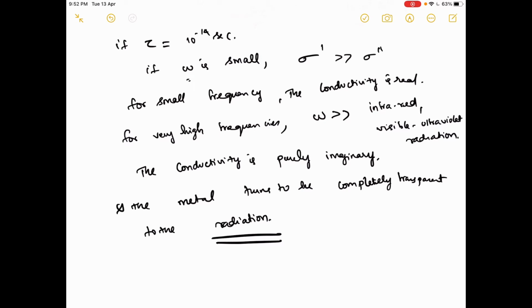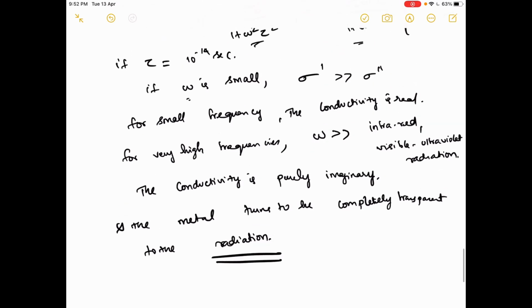We will see that there will always be interband excitations because of much higher frequencies, right? Even in metals you will have interband excitation. So we will see soon enough the band structures of various metals, where we will see intraband scattering and interband scattering, which will show that metals do not turn transparent at any frequency. But Drude's model shows that above a certain frequency, the metal should turn transparent like glass.